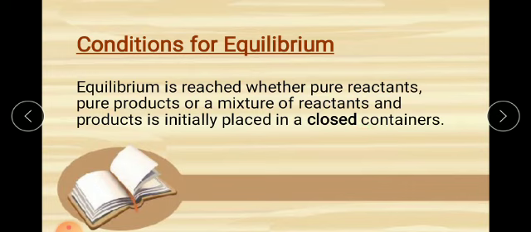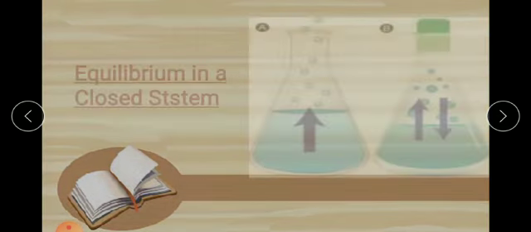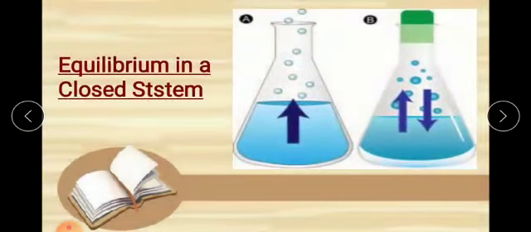The question is why? So students, do you remember that I told you in my previous tutorial that equilibrium is established when the rate of forward reaction and the reverse reaction becomes equal, and in an open container some of the molecules escape.